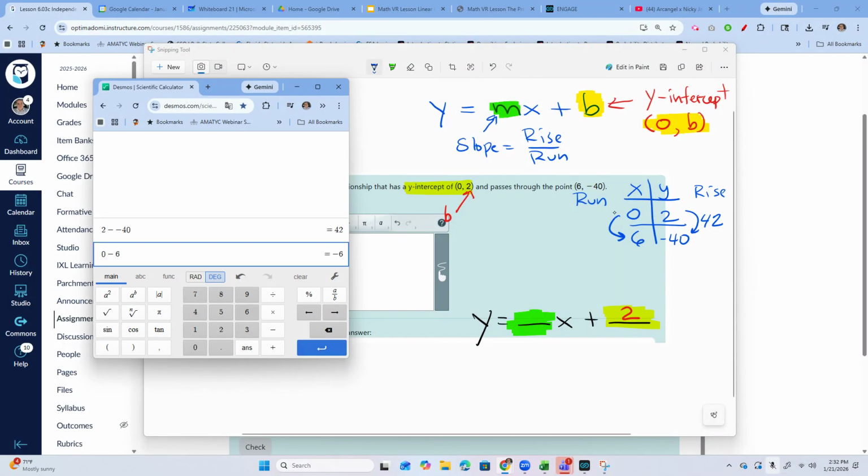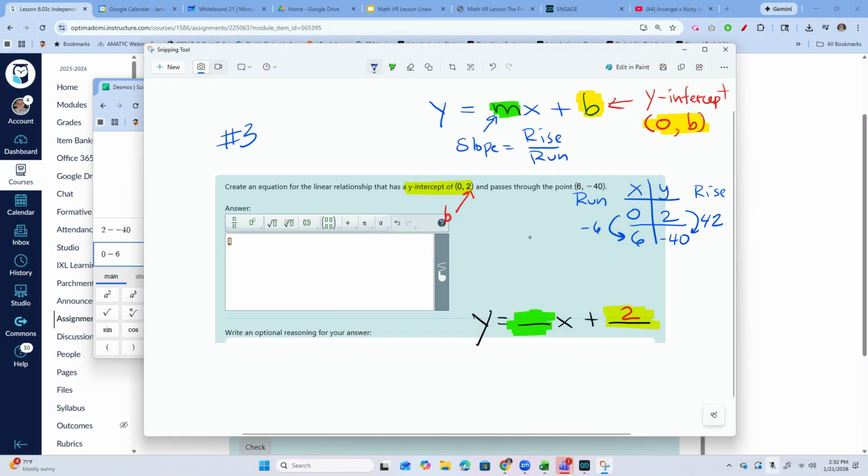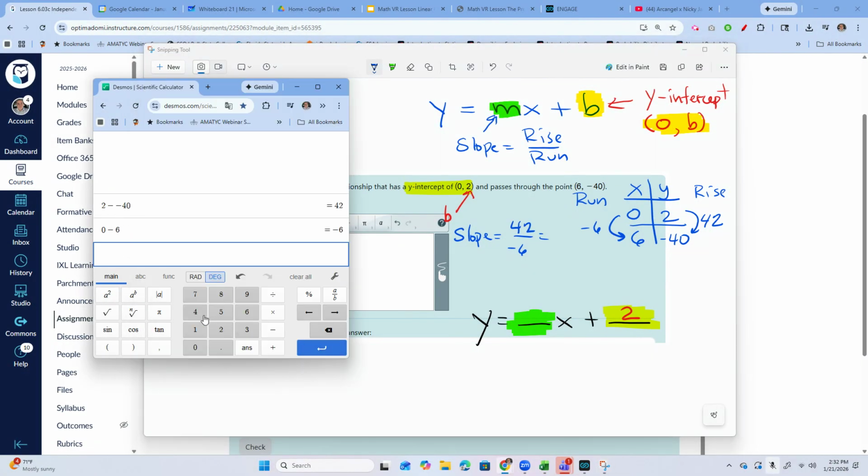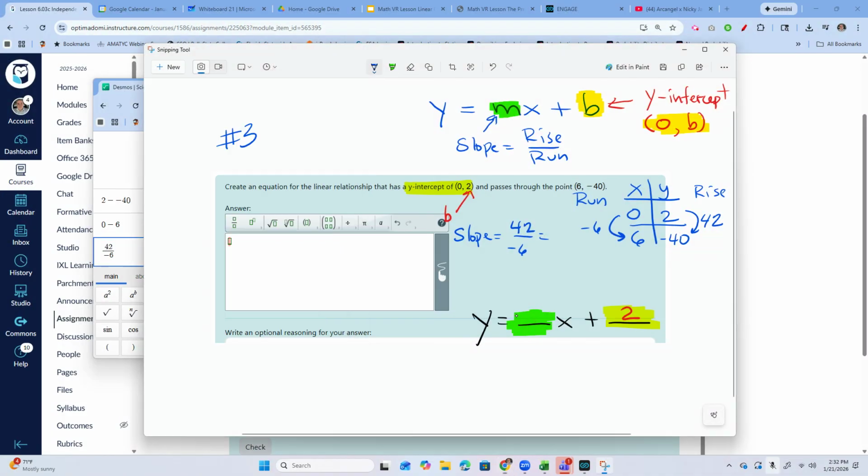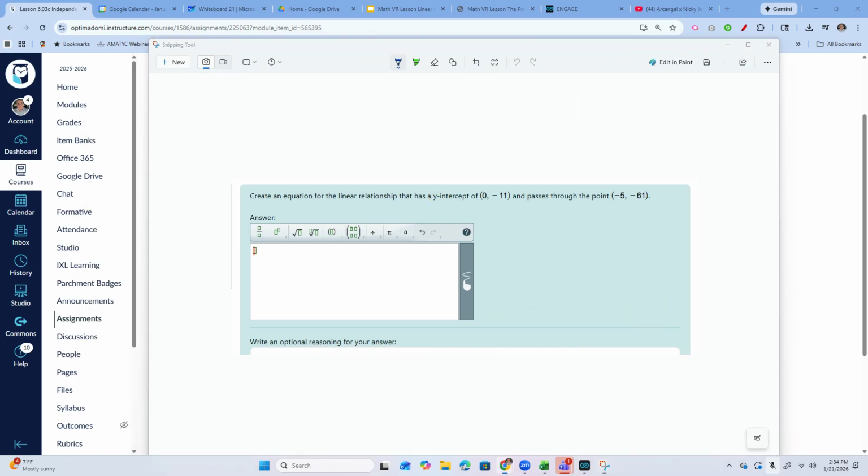And you can see I got -6. Now remember, the slope is rise over run. So my rise is 42 and my run is -6. And when you put this in the calculator, okay, so 42 over -6, you can see I got -7. So my slope here is -7. And there is the equation of my line. Let's go to the next problem.